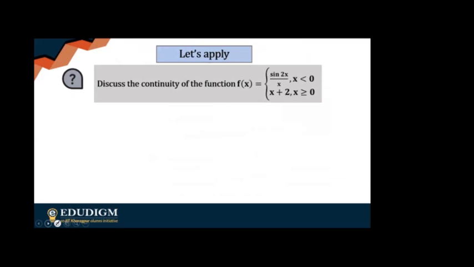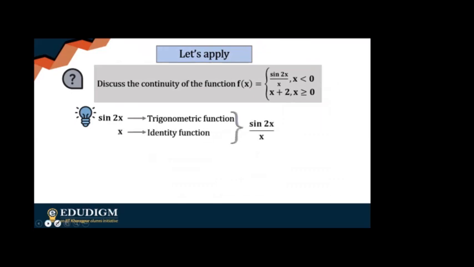Very simple continuity that we have done here. I'll say the first part, and then I'll talk to you about the problematic points. Sine 2x is a trigonometric function, x is the identity function, so their quotient will be continuous.